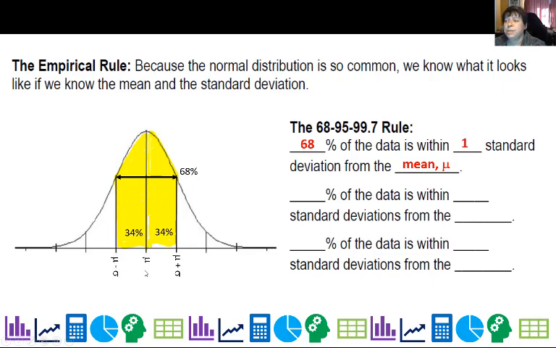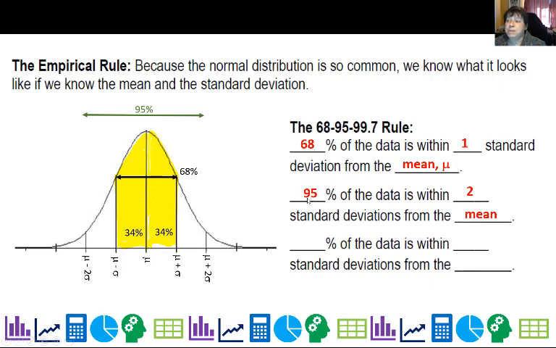The next rule is that 95% of the data is within two standard deviations of the mean. So if I go down another standard deviation here and up there, I'm going to capture 95% of the data. Now I can actually figure out how big this slice is. For example, I went from 68 to 95%.